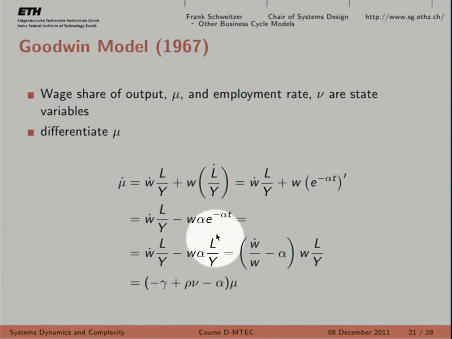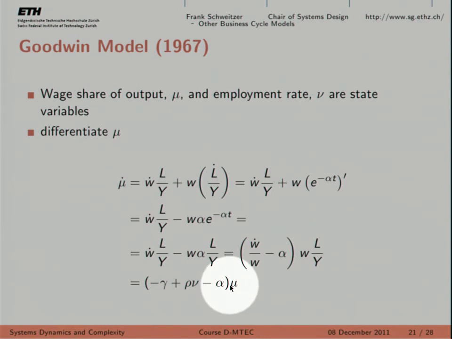In exactly the same way as an exercise, if you'd like, it will not be asked on the exam, you can derive the second differential equation relating v dot to mu. The only thing you need to know is the chain rule for differentiation. That's all you need to know. This is the whole exercise.